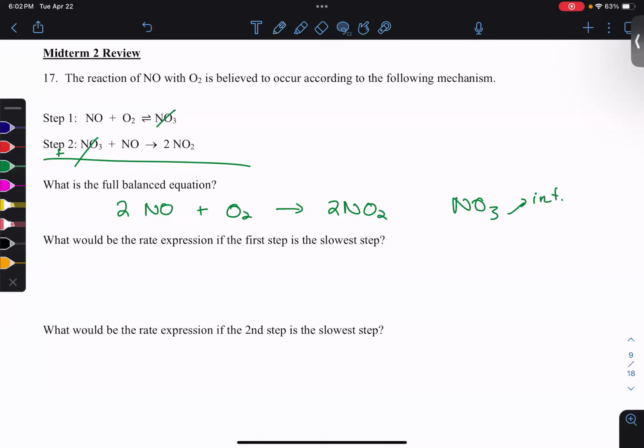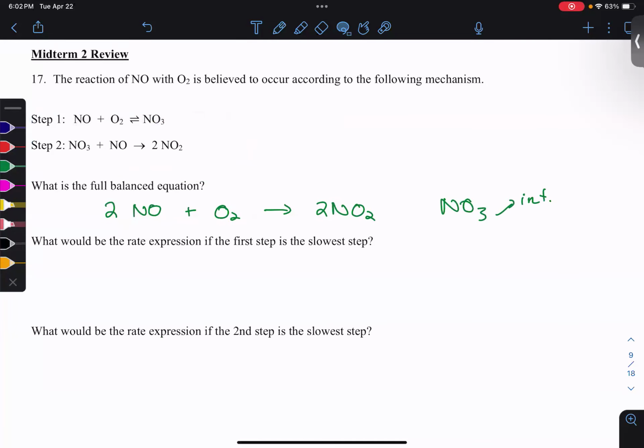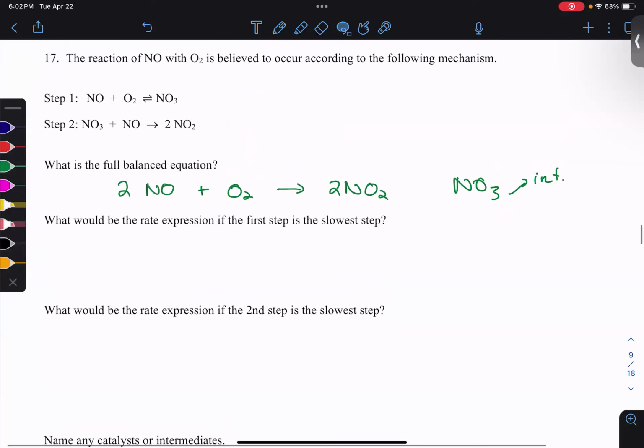So there are basically 2 types of mechanism questions we can ask you. The first one is, what if the first step is the slow step? What's the rate law? And the second question is, what if the second step is the slow step? What is the rate law? So let's explore both scenarios. For the first one, if the slow step is the first step, the slow step is the rate determining step.